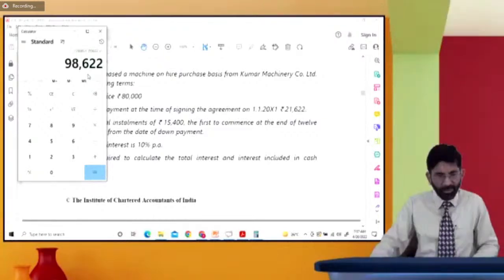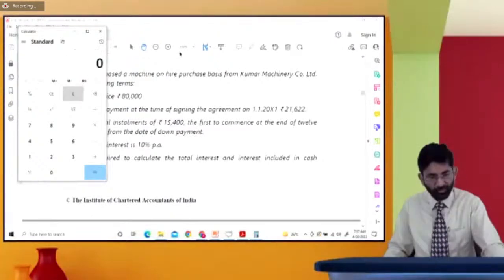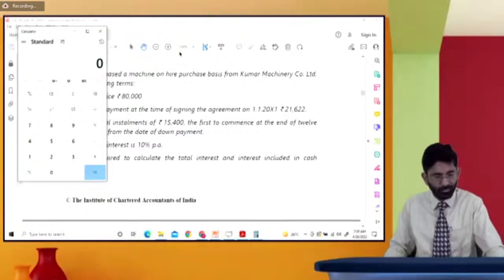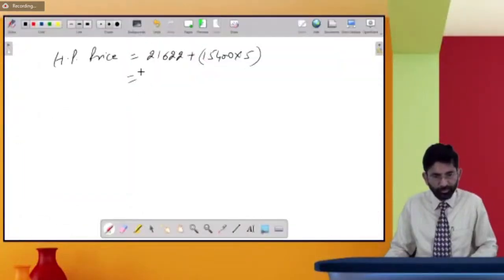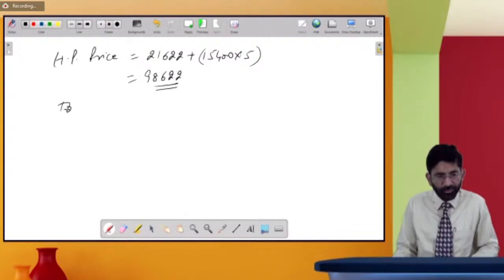It is 98,622, beta. $98,622. Then total interest is HP price minus CP price.